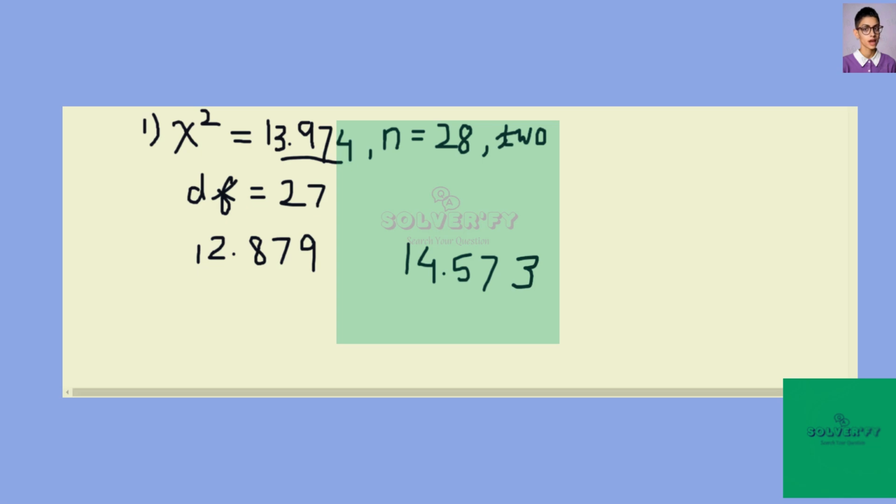The corresponding alpha values are 0.99 and 0.975.